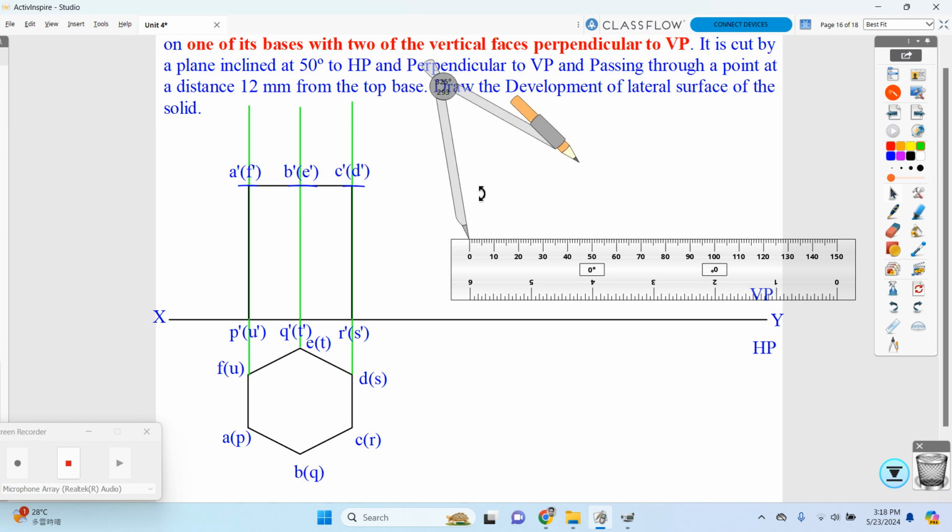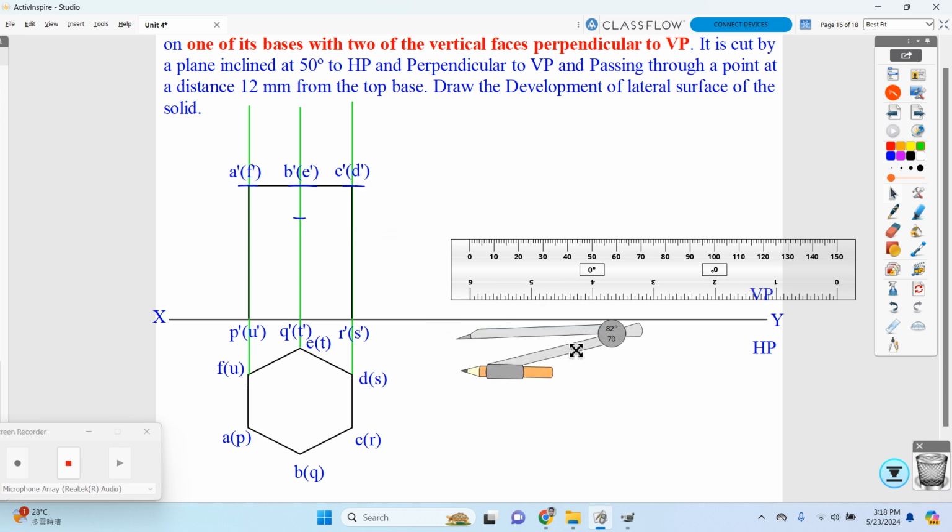So we have to consider 12 mm and keep it on the axis, rotate it and cut an arc.